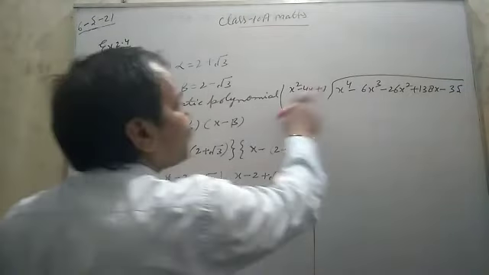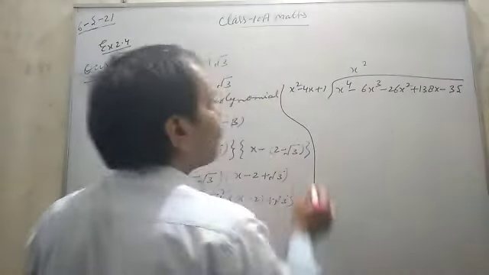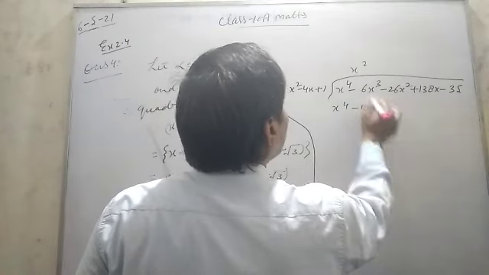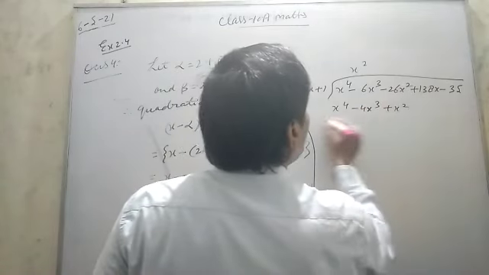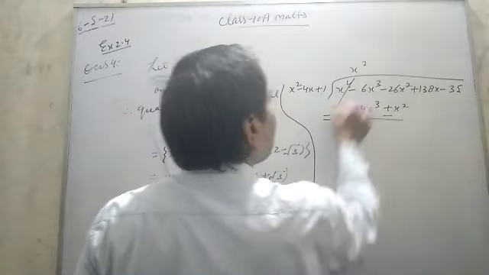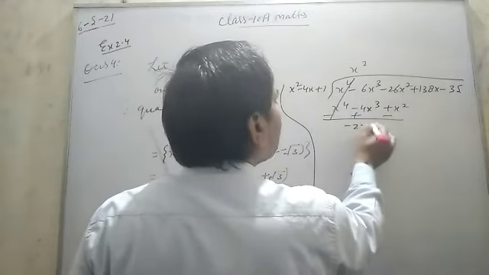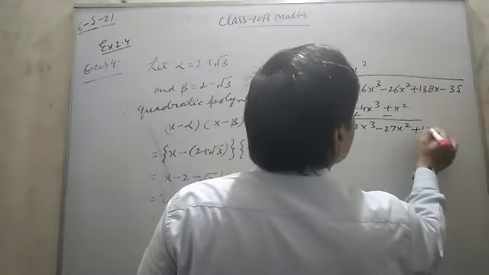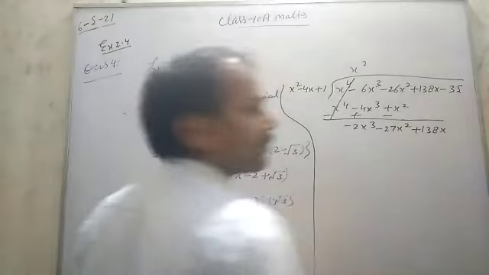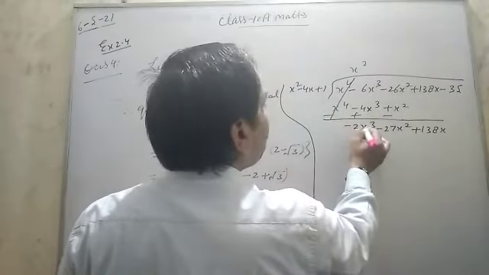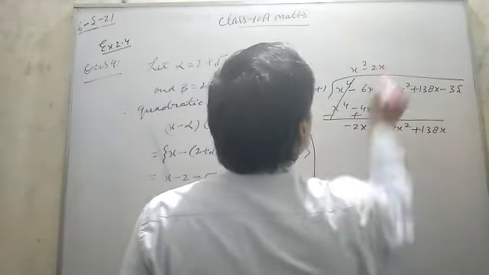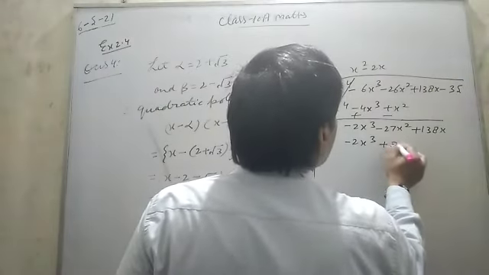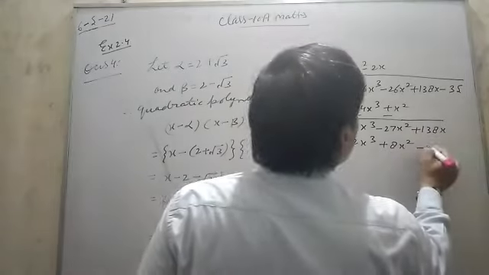Here, x square multiplied with x power 4 minus 4x cube plus x square. Then subtract it, cancel. Minus 6 plus 4 is minus 2, then minus 27x square plus 138x. Here minus 2x cube, and with x square, minus 2x multiplied gives minus 2x cube plus 8x square minus 2x.